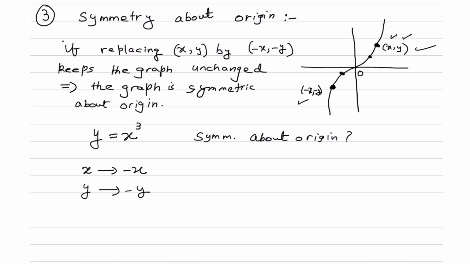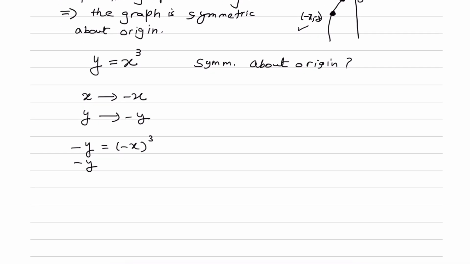And if replacing x by minus x and y by minus y keeps our original graph unchanged, we'll say that it is symmetric about origin. Let's do that. So y is minus y and x is minus x, gives us minus y equal to minus x cube. This minus cancels out with this, so we have y equal to x cube. We got back the same graph. So yes, it is symmetric about origin.